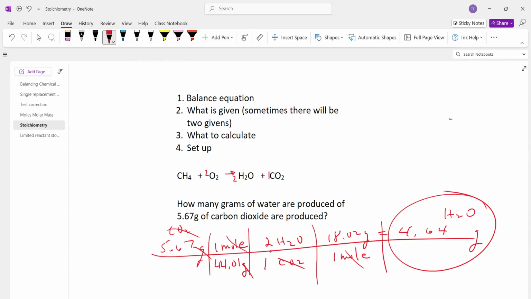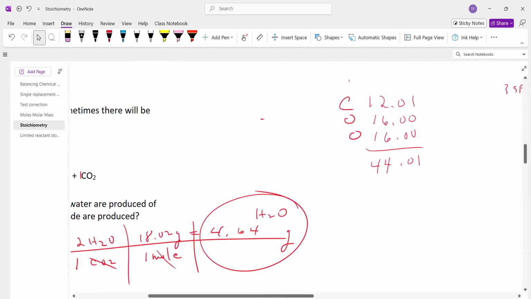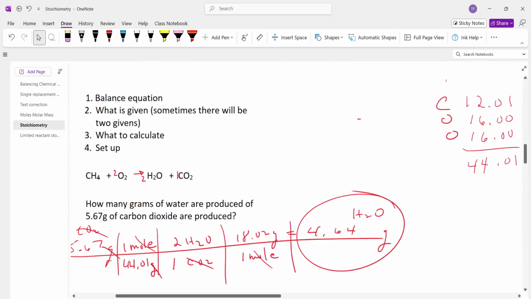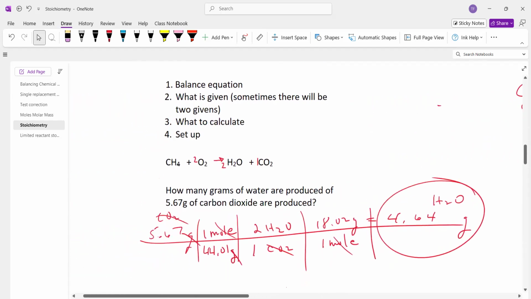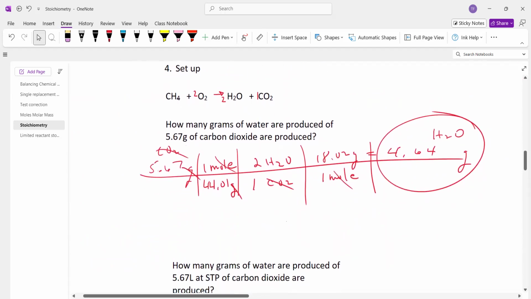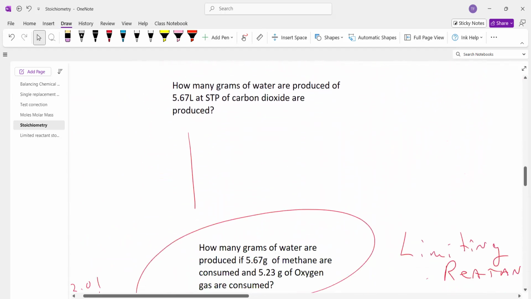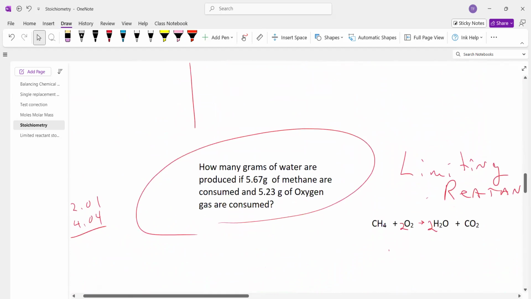Which number? Okay, 1 carbon, 2 oxygens from the periodic table, decimal number. So it's just a matter of every one of these.